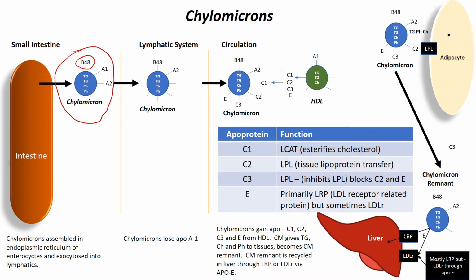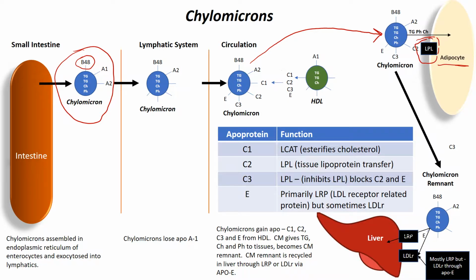Okay, so let's talk about what happens. We've got this mature chylomicron here. This mature chylomicron now has all of those proteins associated with it that it got from the HDL, and it circulates around and it encounters tissues of the body, like for example a fat cell or an adipocyte. On the surface of their cell membrane, the tissues have this thing called lipoprotein lipase.